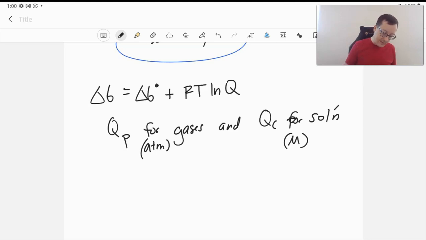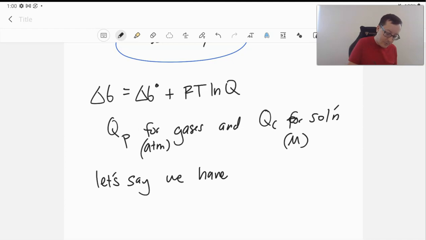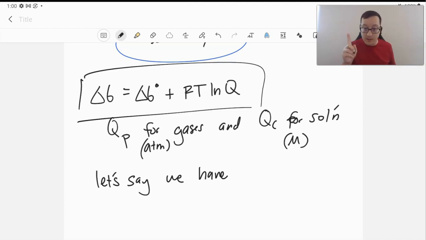So with this, this is a very important equation, by the way. I would make sure you remember this one. Write it down, sticky note on your wall.